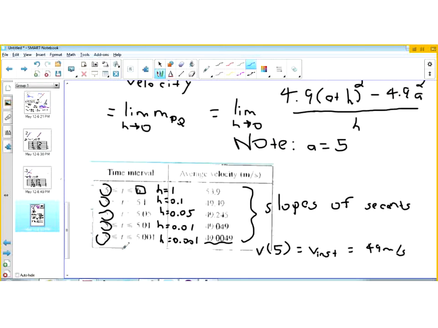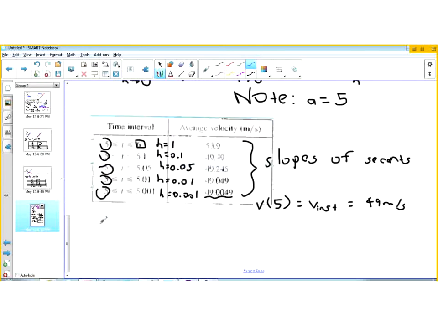A is still held at 5, but in this case, we'll reorient the table. Say 4 is less than t, which is less than 5. Actually, we need to start a little bit further away. Say 4. So we should do that to confirm that we'll converge to 49.